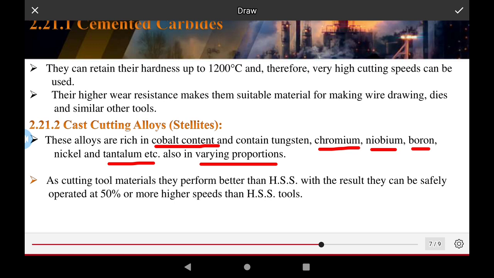These cutting tool materials perform better than high speed steel, with the result that they can be operated at 50% higher speed than high speed steel tools.